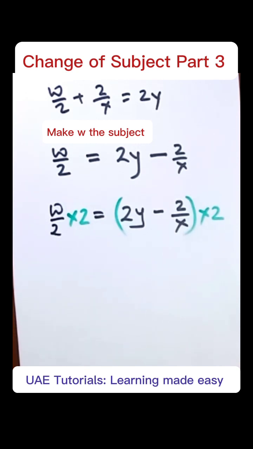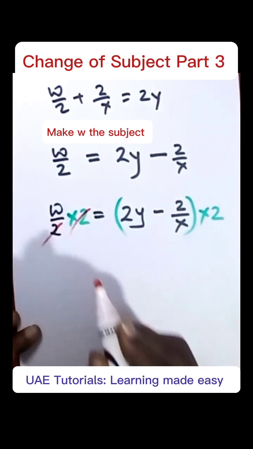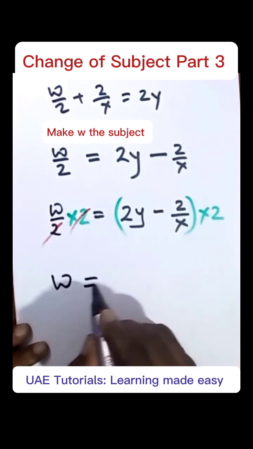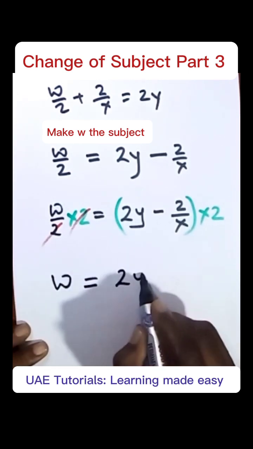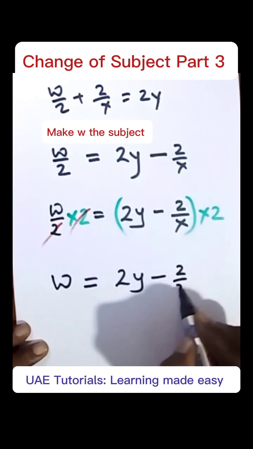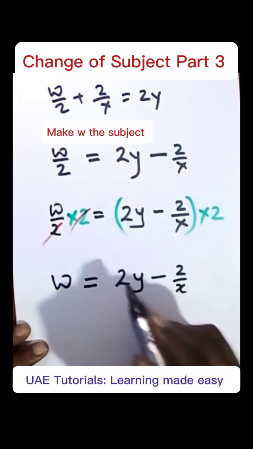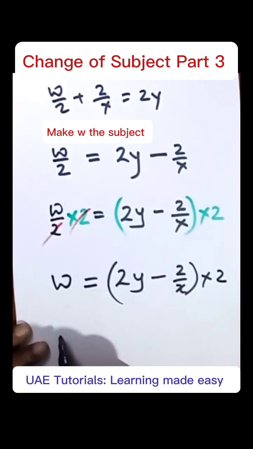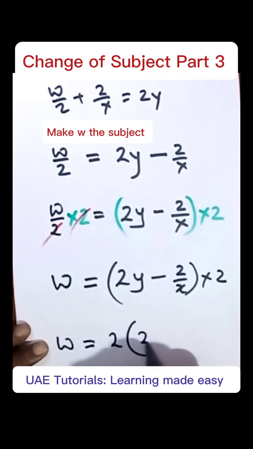So if I do that, this 2 will disappear, and what will be remaining is w equals 2y minus 2 over x times 2, or w equals 2 into 2y minus 2 over x.